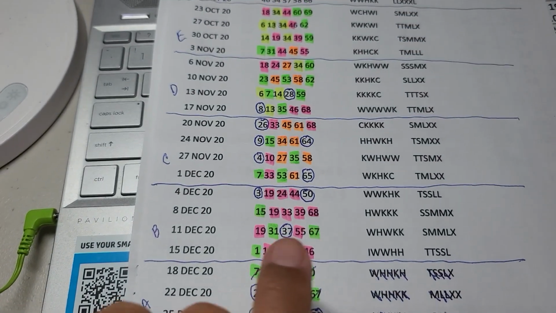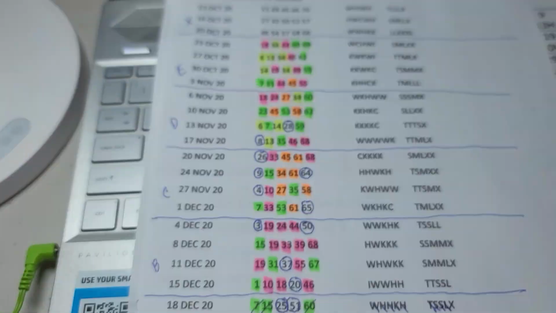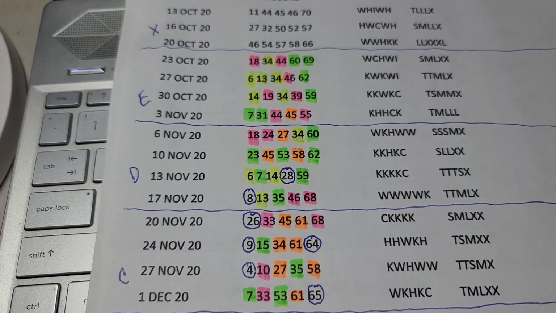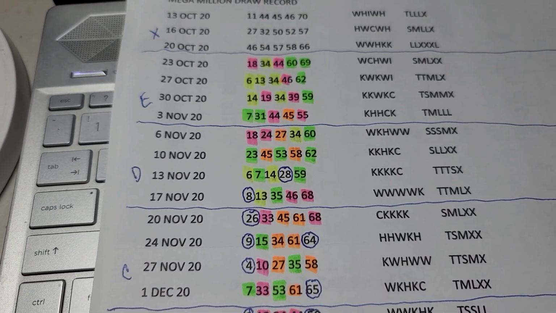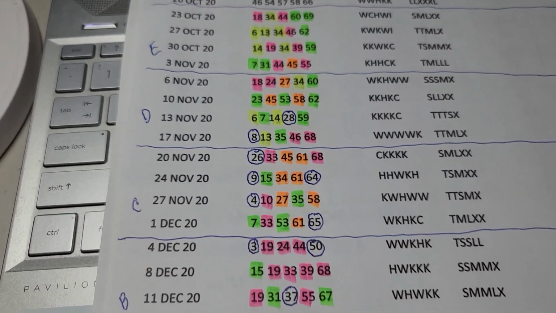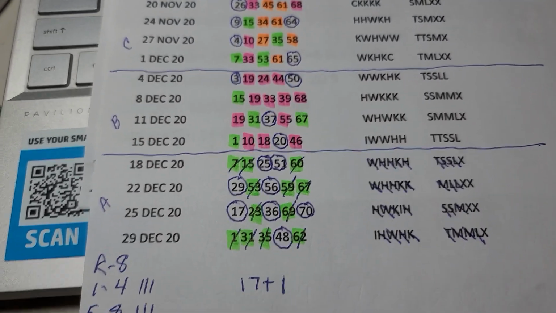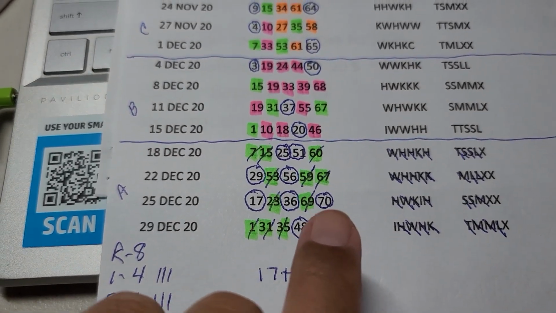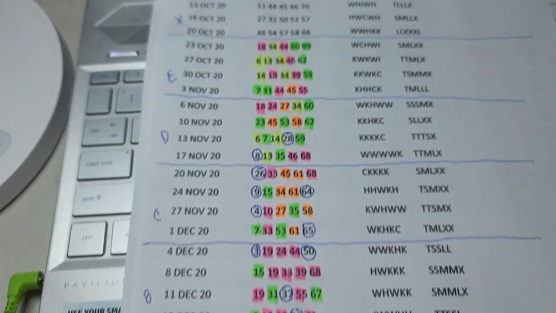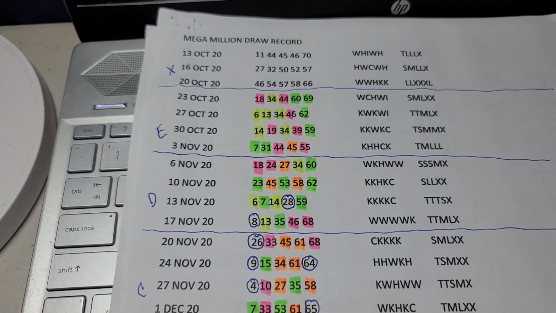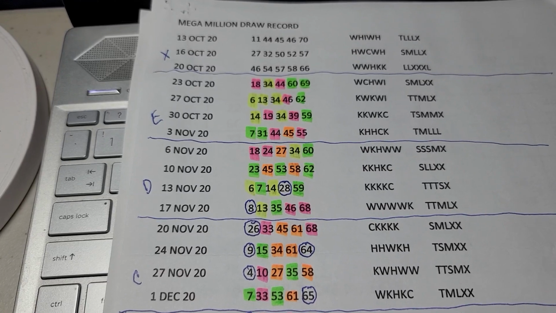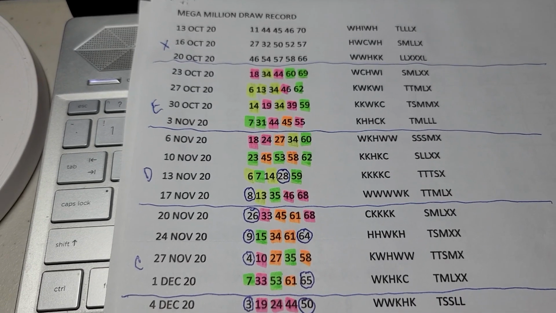In fact, the green numbers go all the way up through the 20 games. So some of these numbers appearing down here also appeared throughout the whole grid, throughout the whole draw. So these numbers are far-reaching.